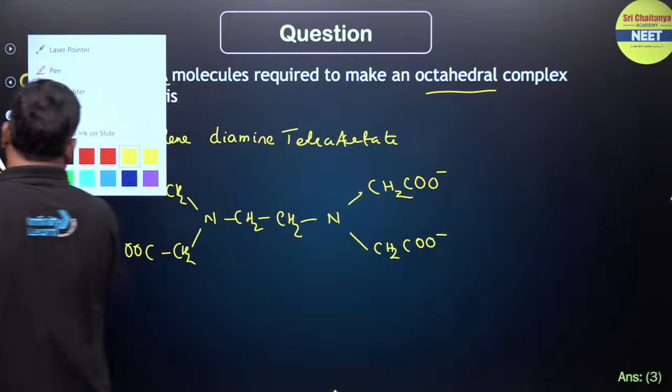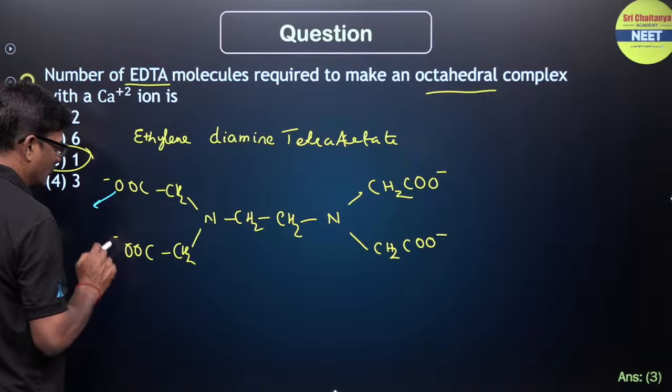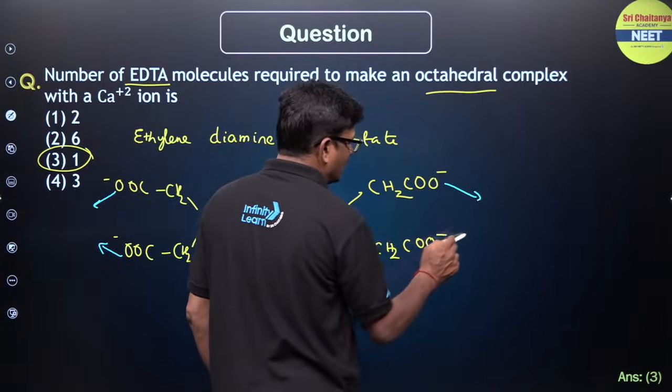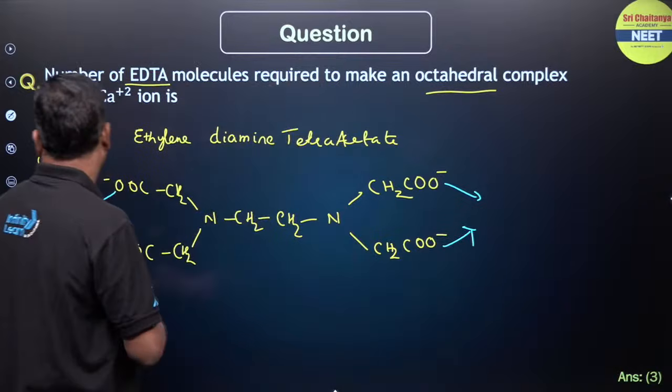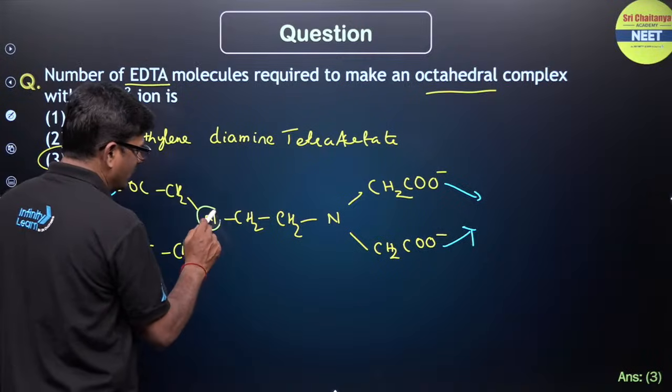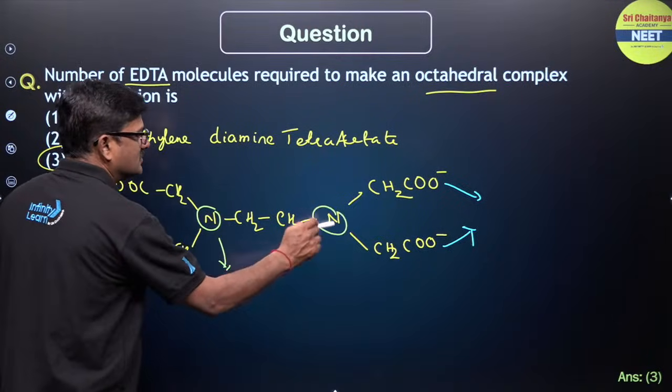Oxygen is a donor atom, it can form a dative bond, and nitrogen is also a donor, it can also form a dative bond. Total 6 dative bonds are there.